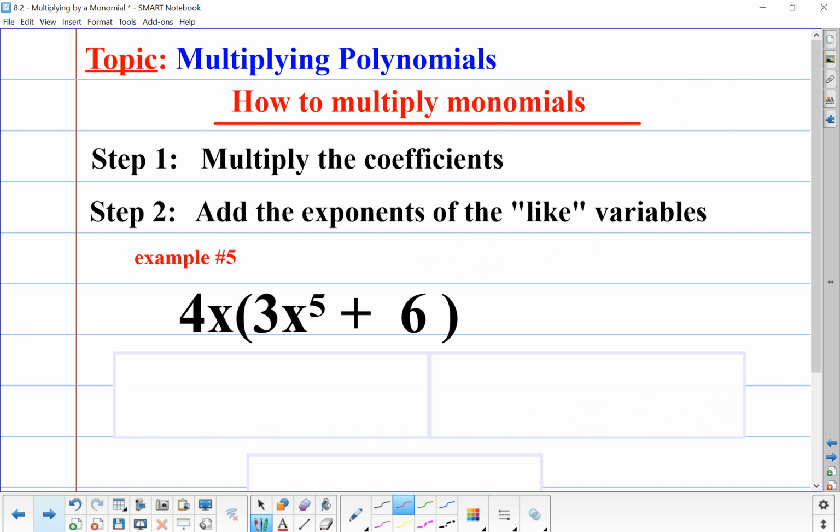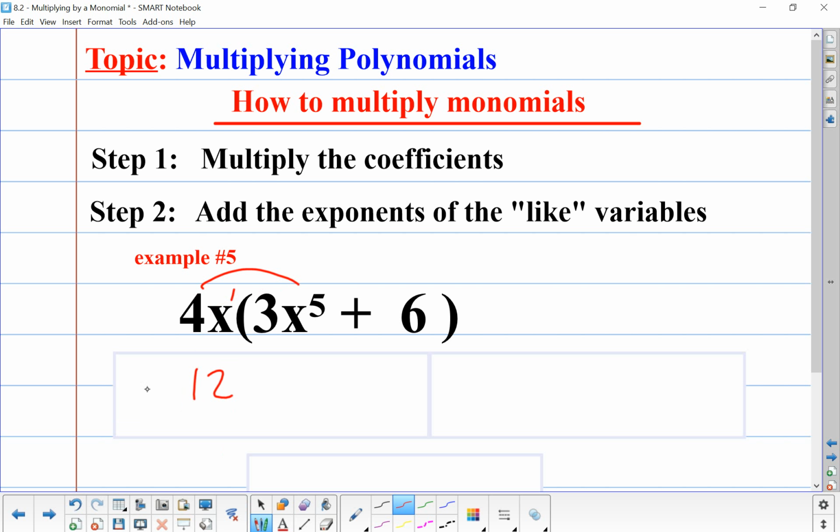Now let's take a look at when you are going to multiply multiple times. If I have a monomial out here and I need to distribute it times all of the terms inside, then I'm going to keep the same process. I'm going to multiply the coefficients together, so 4 times 3 makes 12. I'm going to add the powers if the letters are the same. Remember, if you can't see the power, it's an invisible 1.